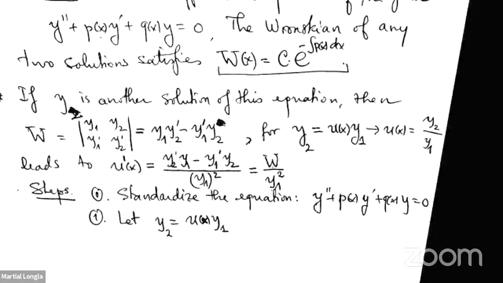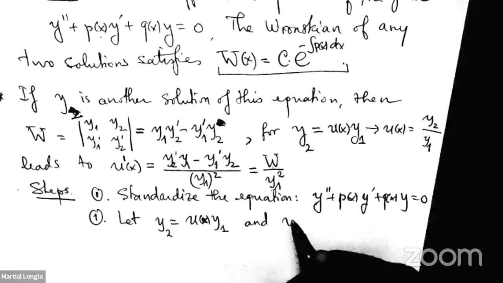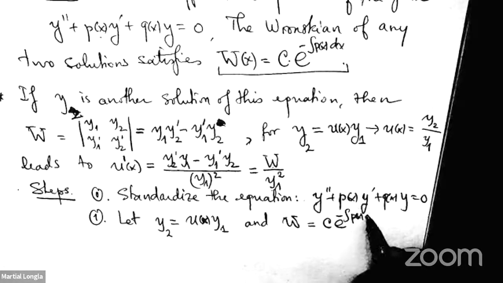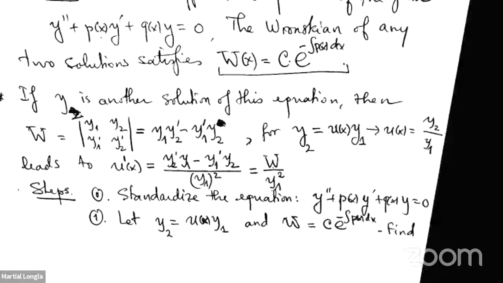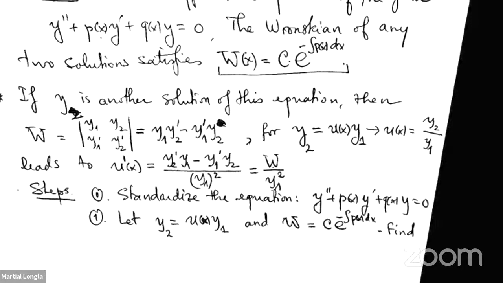All right. And you find w, c e to the negative integral of p of x dx. Find that. All you need to do that is read p of x from the equation, put inside that integral, you get it.